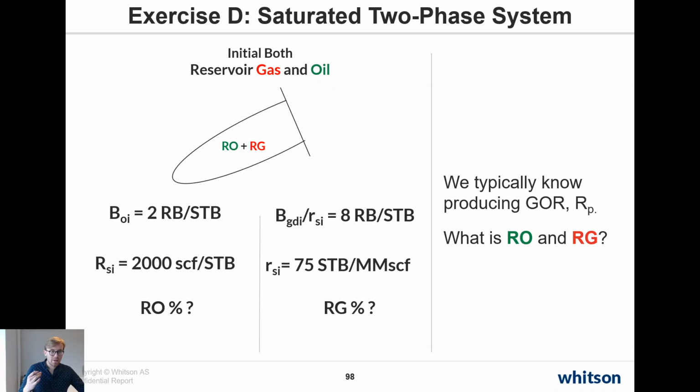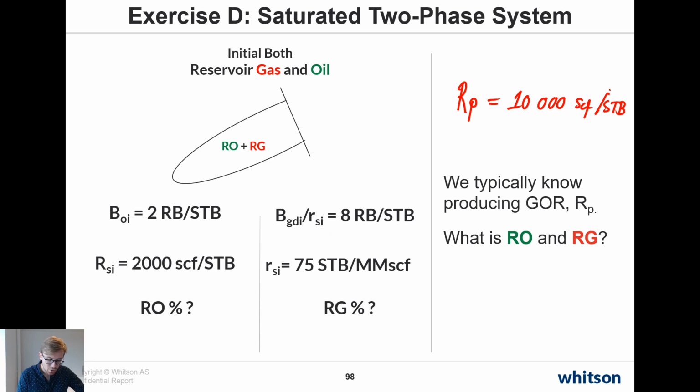So the exercise D that I'll allow you to try to do now by yourself is to assume that we have a case like what we see behind us here, and then we know RP. For the sake of example, let's say RP is 10,000 scf per barrel.